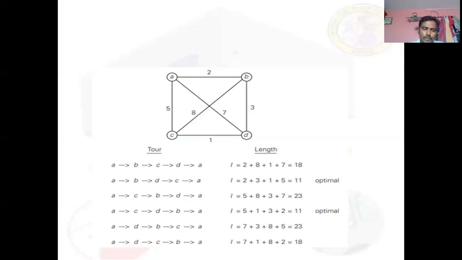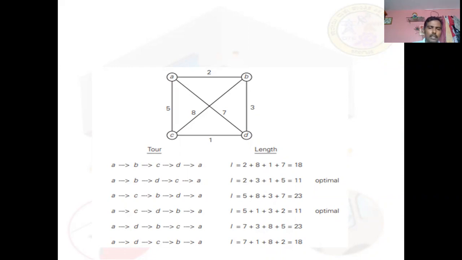So when I give this problem with all inputs to you guys, everyone will come up with their own solution. One might say, sir, I will start from A, I'll first cover B, then I'll visit C, then I'll visit D, then I'll come back to A. It will take 18 units of distance.